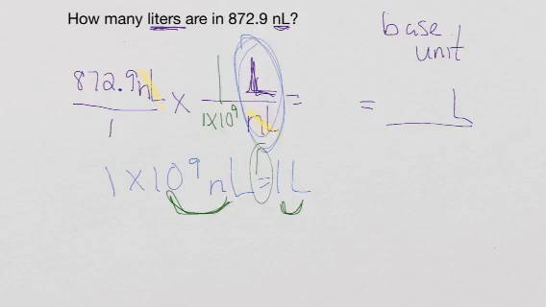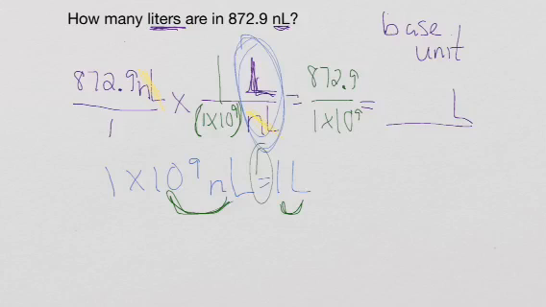Now remember, if you are not using your exponent key, or even for some of you when you are, when you use the calculator, some of you will need parentheses around that. Most people probably do not, but just in case. So multiply the tops and you get 872.9. Multiply the bottoms and you get 1 times 10 to the 9.